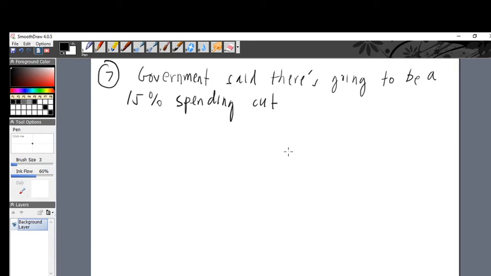Okay, here's the rest of the numbers. Last year, the amount the government spent was $72.5 million. Okay.